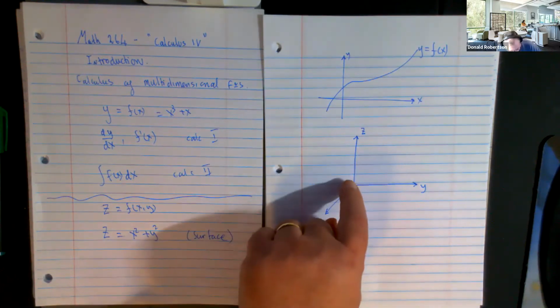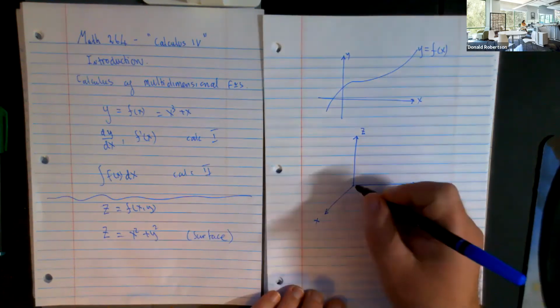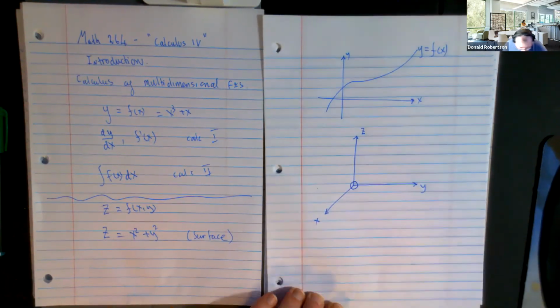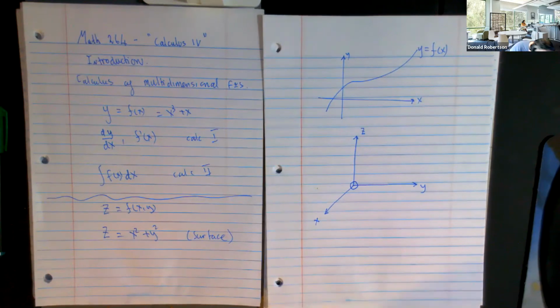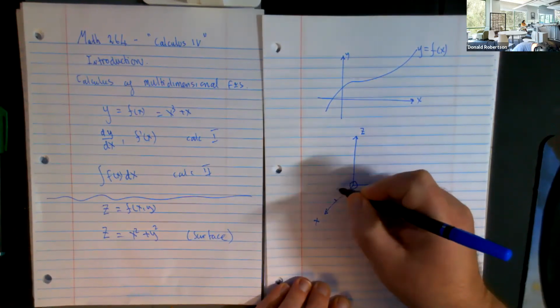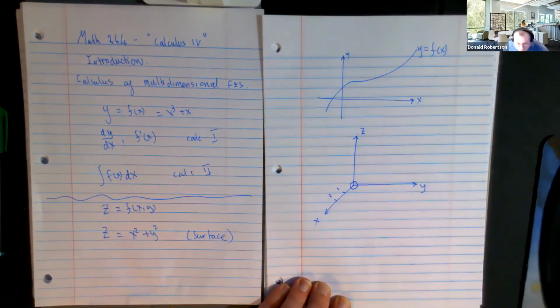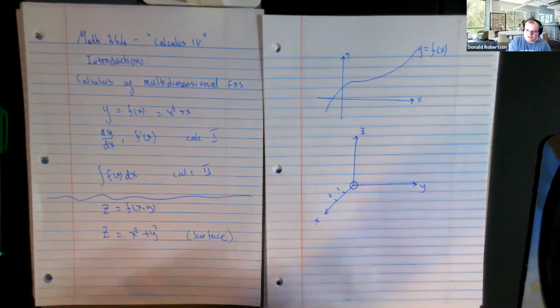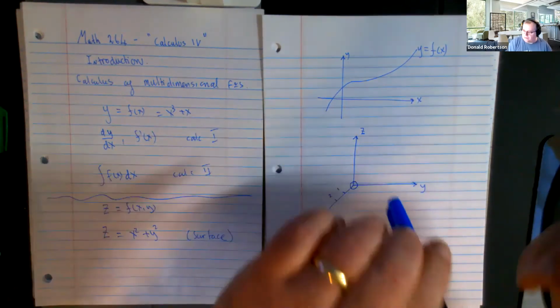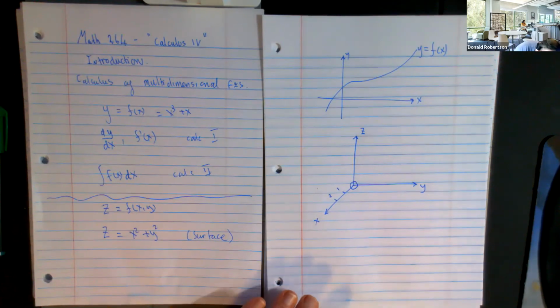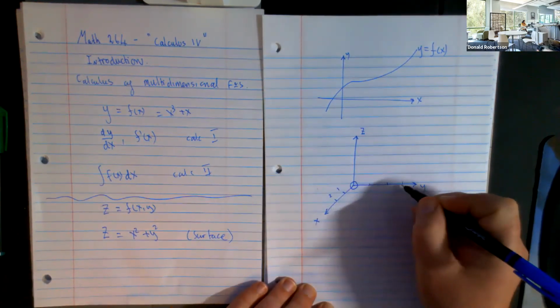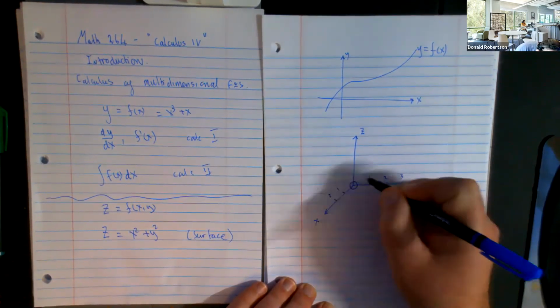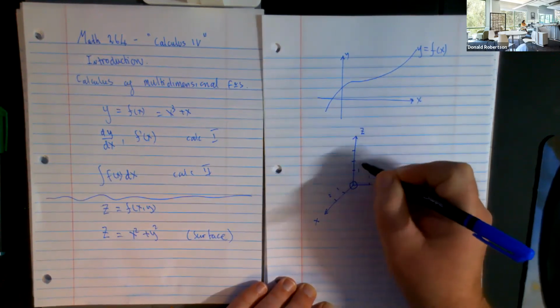Now, what you've noticed I've drawn here is the x, y, and z axes, and right in the center is the origin. The first thing that strikes me is that the orientation of the x-axis is coming out of the paper towards you, which is really weird. And then the y-axis values go like this, and the z-axis values go like this.